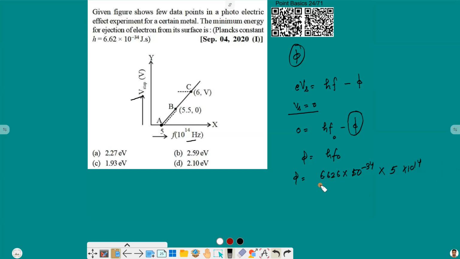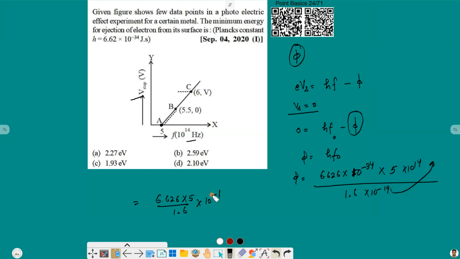If I convert it into electron volt, then I will divide by 1.6 into 10 raised to the power minus 19. So this will be 6.626 into 5 divided by 1.6, and the powers of ten will give us 10 raised to the power minus 1.